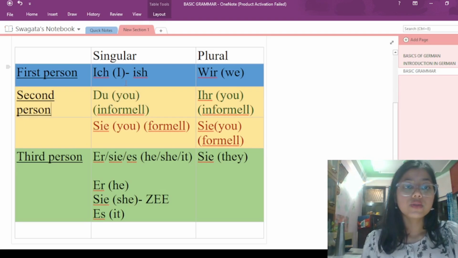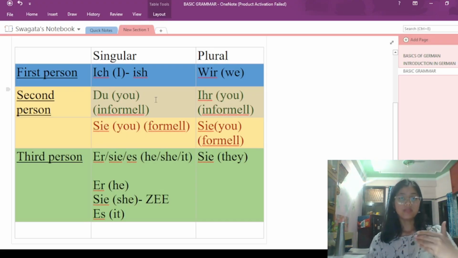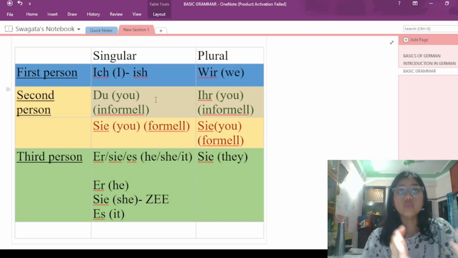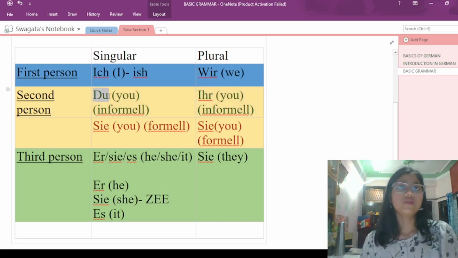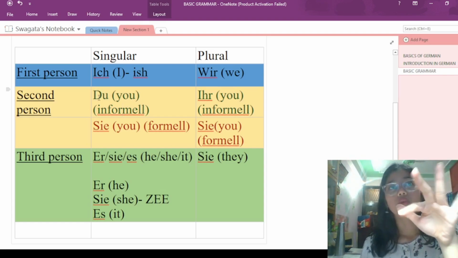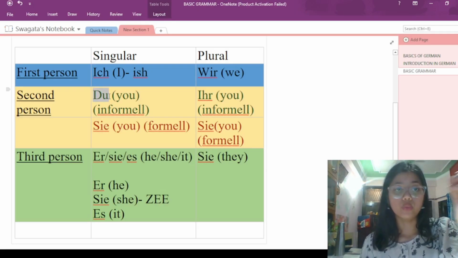In the singular informal, when you're talking to your friend or somebody informally, you will use du. In English we say you, but in German we say du. It's like in Hindi we say tu. It's pronounced quite the way it's written, du.